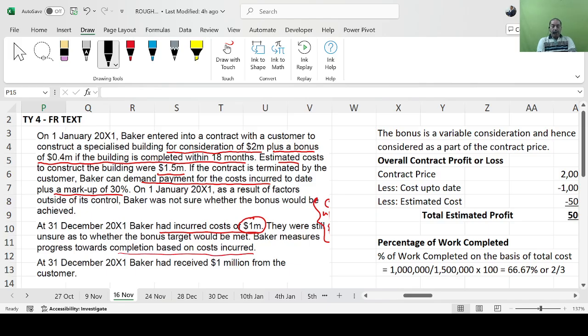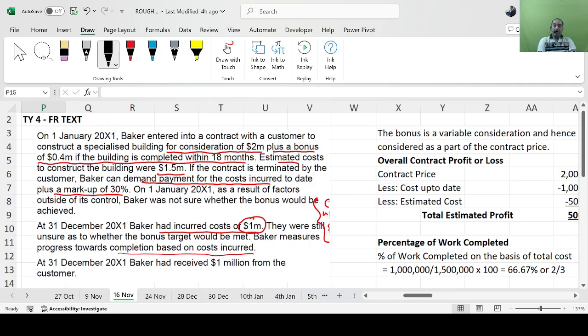On 31st December 20X1, Baker had incurred cost of $1 million. Expenditure up to date is $1 million. They were still unsure as to whether the bonus target would be met. Baker measures progress towards completion based on the cost incurred.